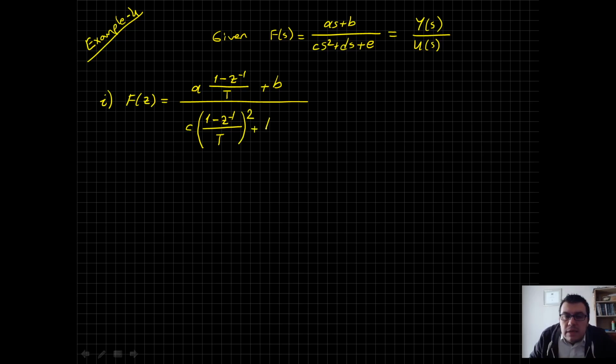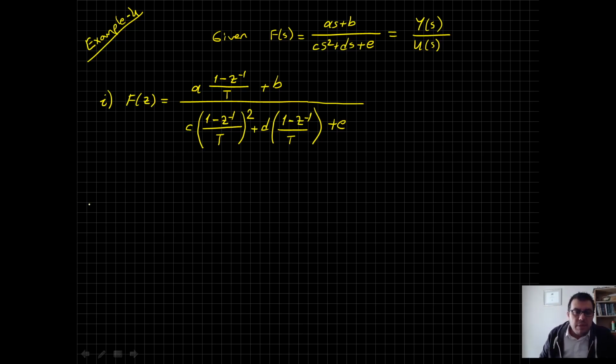Plus d times 1 minus z^-1 over t plus e. Now, it might seem relatively hard for you, but it's not too difficult to solve this.